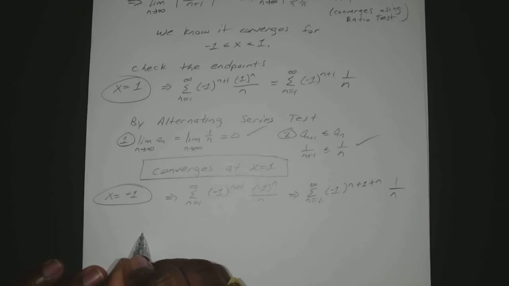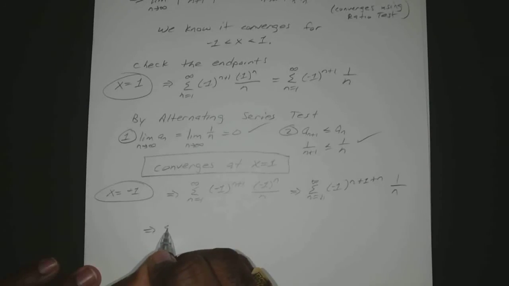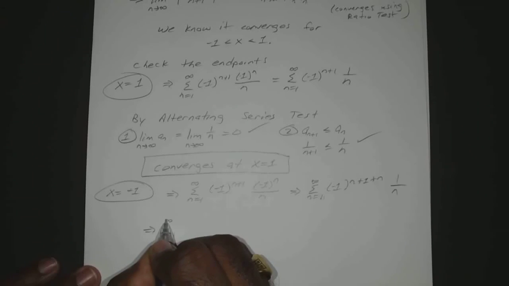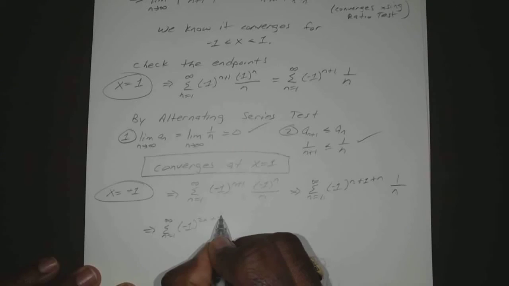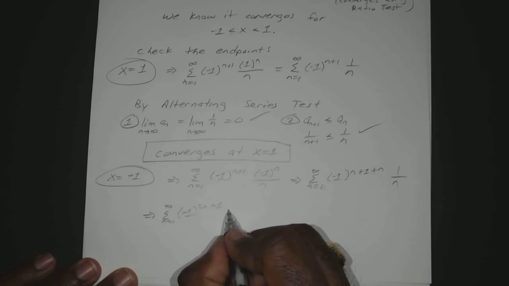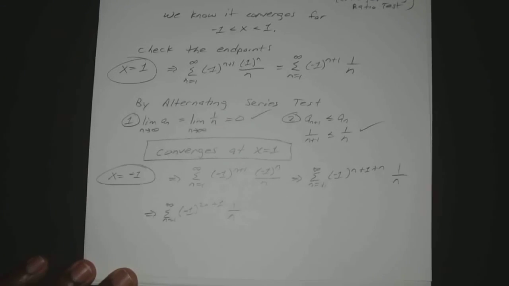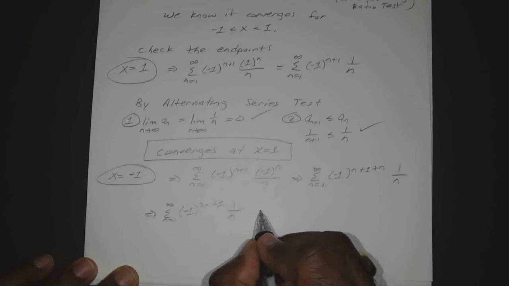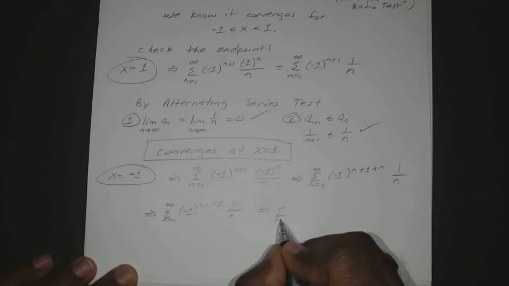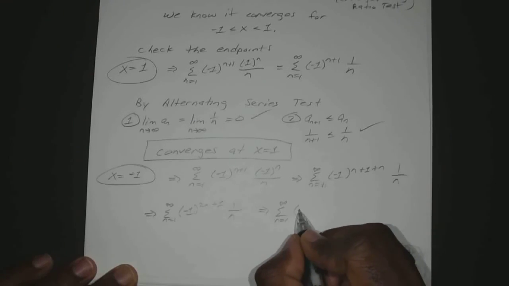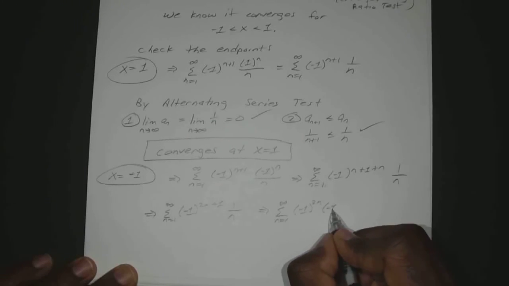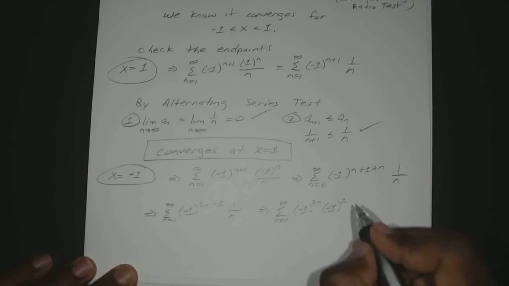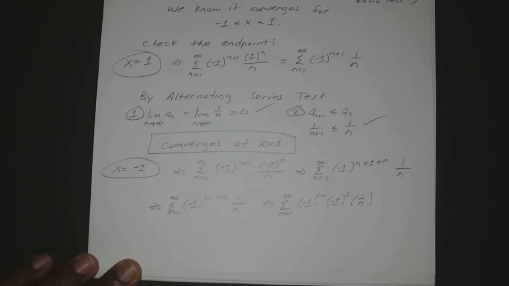So that gives us, if I pick it up on the next line, n equals 1 to infinity of negative 1 to the 2n plus 1 times 1 over n. Okay. So if we decide to separate those two, we can make that negative 1 to the 2n times negative 1 to the first power times 1 over n.